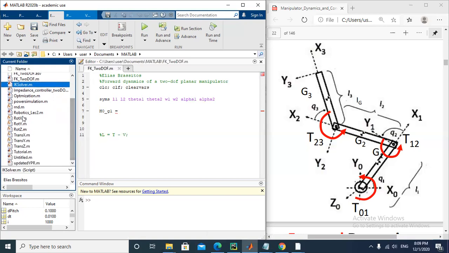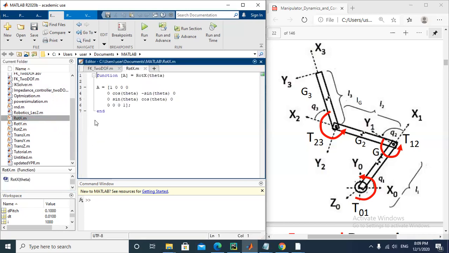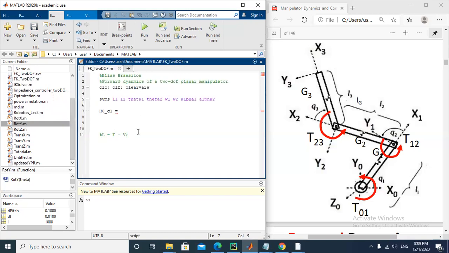Here we obviously have to have our rotation transformations. These are ROTX, nothing but a homogeneous transformation, a 4x4 rotation about X. I'm simply adding another row, and the last column is all zeros except for 1. This is rotation about Y. These are all included in our course, and they are basically standard.